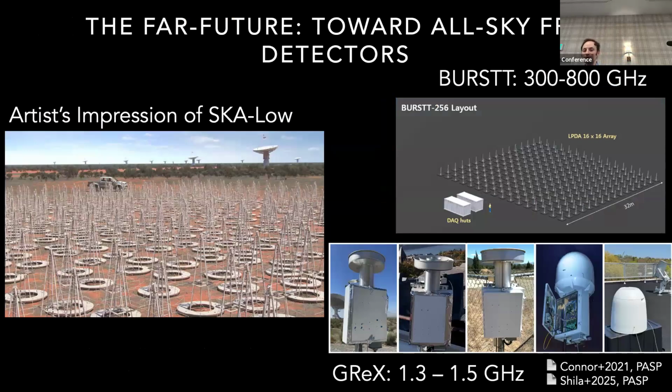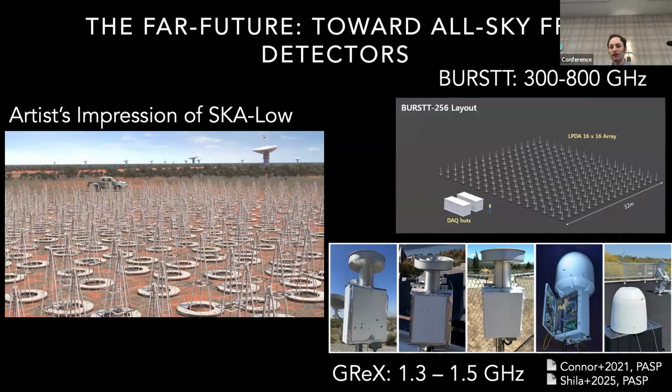And you can also think in the far future. So what the field is also trying to move towards is building this full sky coherent survey where you can basically think of just carpeting the ground with antennas. While computers and technology are not quite there yet, you can imagine if Moore's law continues, then we may be on that path to building such a type of telescope that's a 4-pi steradian coherent FRB search engine.